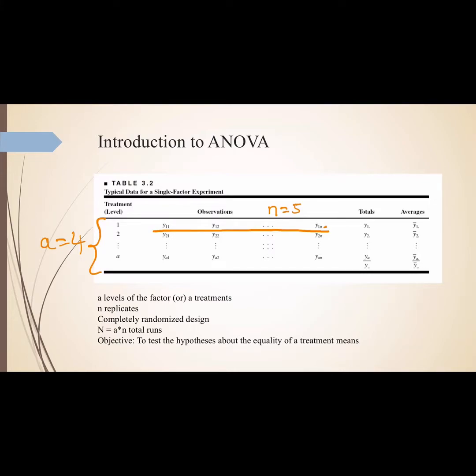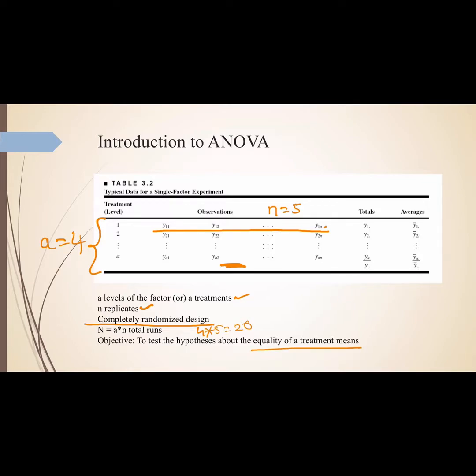Okay, so that's what we are showing here: A levels of the treatment, and we have n replicates at each level, and then it should be a completely randomized design. This is an important factor here. And the total runs would be your number of levels times your replications, which was 20 for us. The main objective here is that we want to test whether the treatment means are equal.